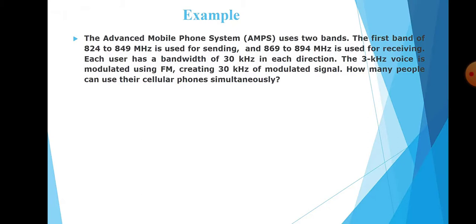Now, first we need to compute how many megahertz each band is, the sending and receiving band frequency range. So each band capacity is equal to 849 megahertz minus 824 megahertz.